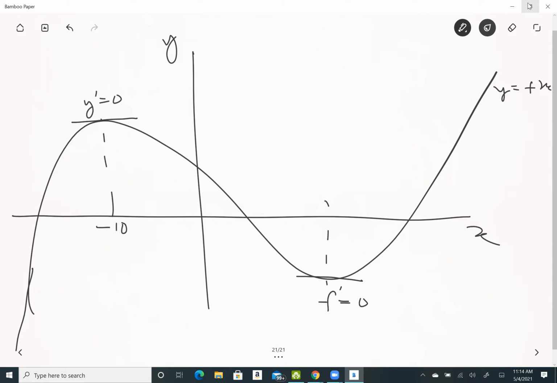This is at 15. So now I want you to draw the graph. I want you to determine the intervals and then determine for which interval the derivative is positive, and which interval the derivatives are negative. Do it now.